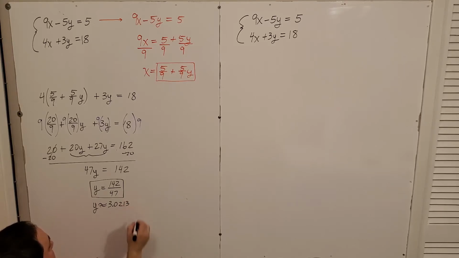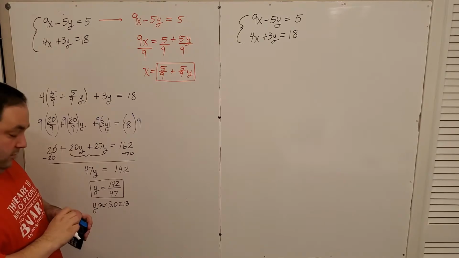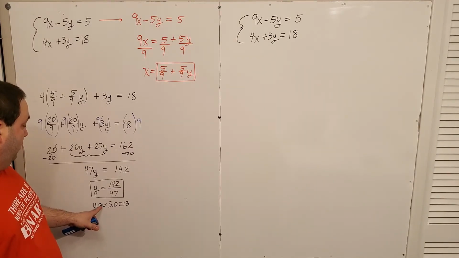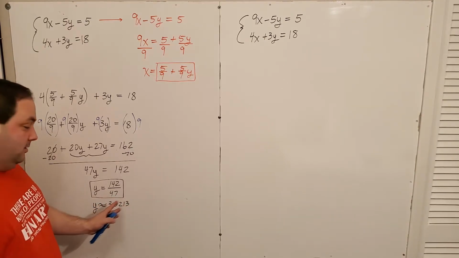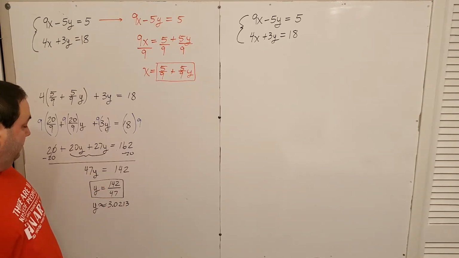So that was part of what I was talking about with the graphing method earlier. There's no way you could pick that off on a graph to be able to show the exact value that we could get with the 142 divided by 47 here.